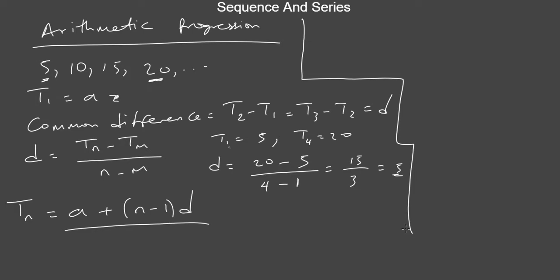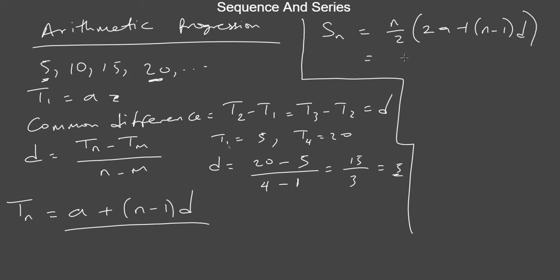So what about the series? What formula can you use to calculate the sum of terms of an arithmetic progression, to calculate the series of an arithmetic progression? Let's take a look at this. Given that you know the first term and the common difference, the sum of terms, which is a series, is given as n over 2 into brackets 2a plus (n minus 1)d.